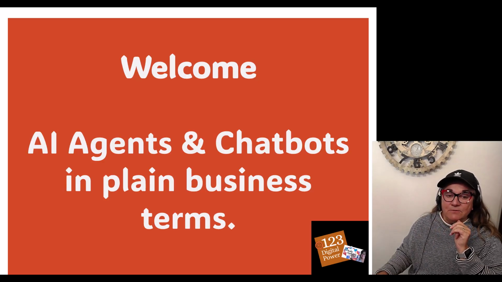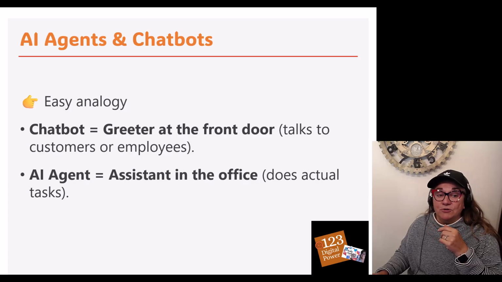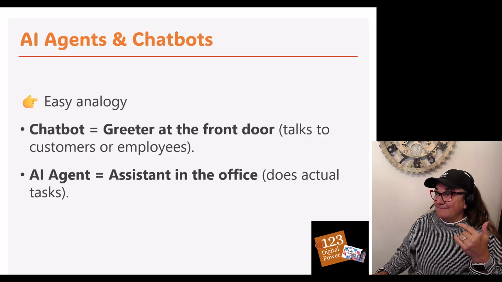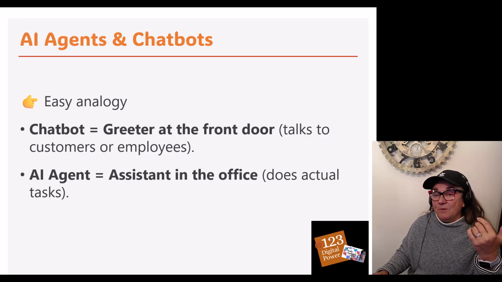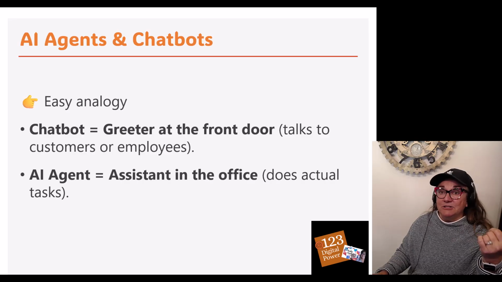So what are they? What are agents? An easy analogy is to think of an AI chatbot as a greeter at your front door for employees or for customers. So new employees, someone that's going to greet them and walk them through things, what we call onboarding, or clients, whether it's your client coming in as a new client or whether it's customer service.